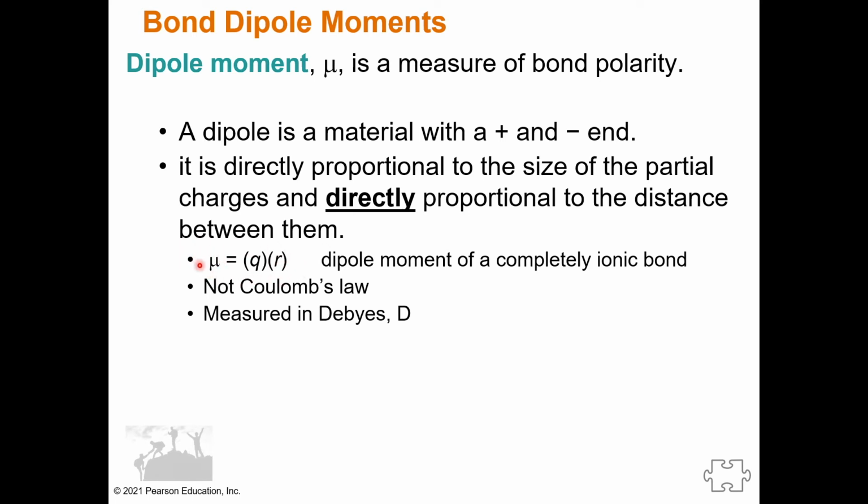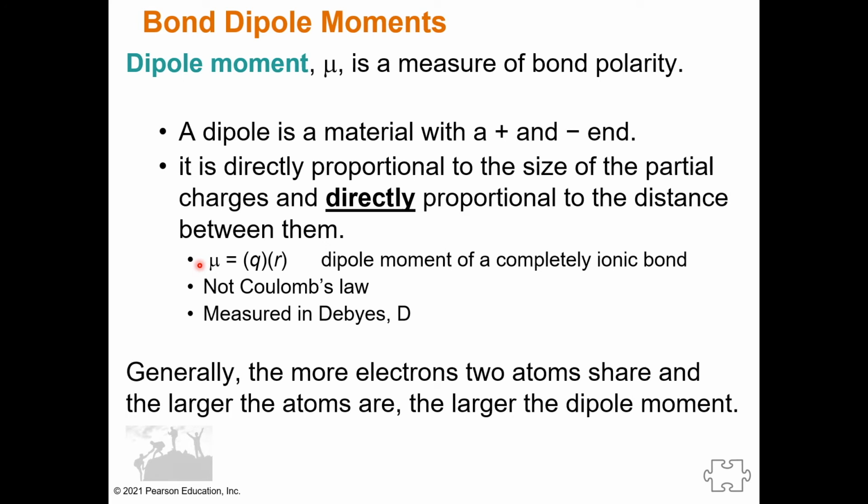Dipole moment is designated by the Greek letter mu, and it's equal to charge times distance. So you can see the differences between this equation and Coulomb's law. Not only is charge directly proportional to the dipole moment, but also the distance. Another thing you need to know is that the dipole moment is measured in debyes.